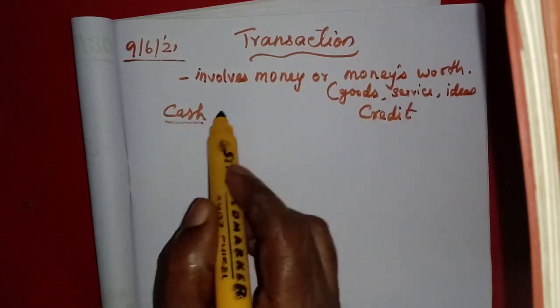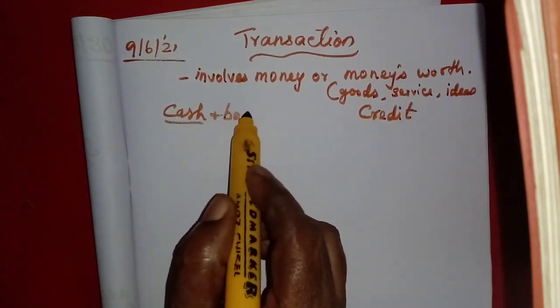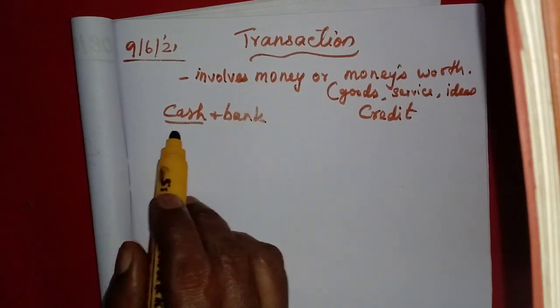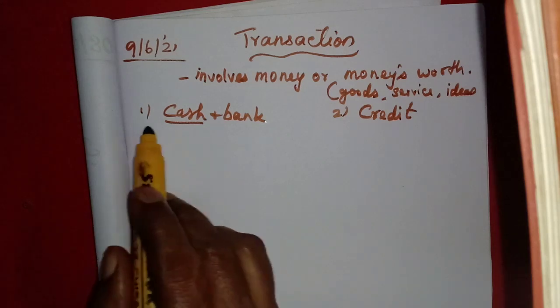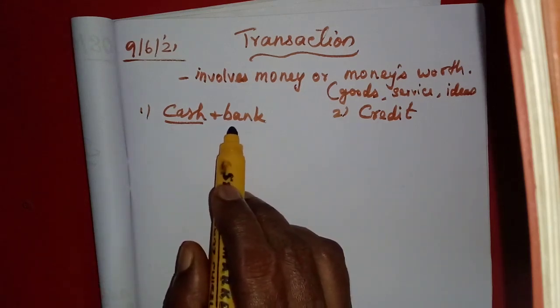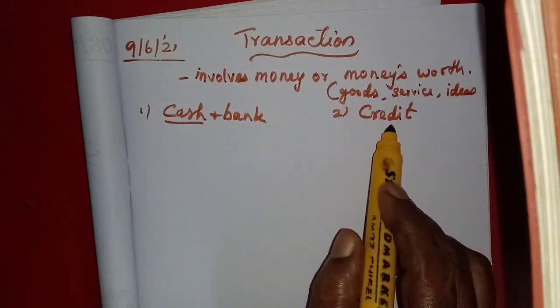Cash along with the bank transaction will come under the first one. The second one will be credit transactions. What is the difference between a cash transaction and a credit transaction?